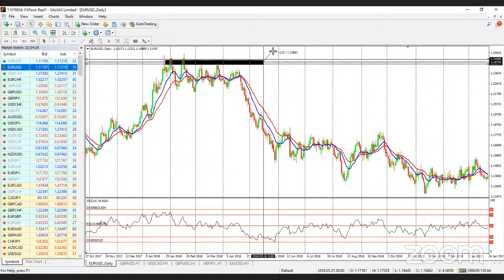The second one is the pip and pipette, which is 113.2, which is 113 pips, then 2 pipettes. That's what it means. That means the point move or the pip move from where I assume we entered, to where the price is now, is 113.2.